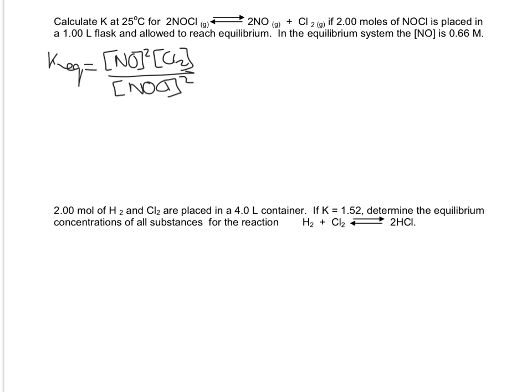So to do an ICE chart, you write out your equation, so 2 NOCl yields 2 NO plus Cl2, and you write ICE next to it. The I stands for initial, C stands for change, and E stands for equilibrium.